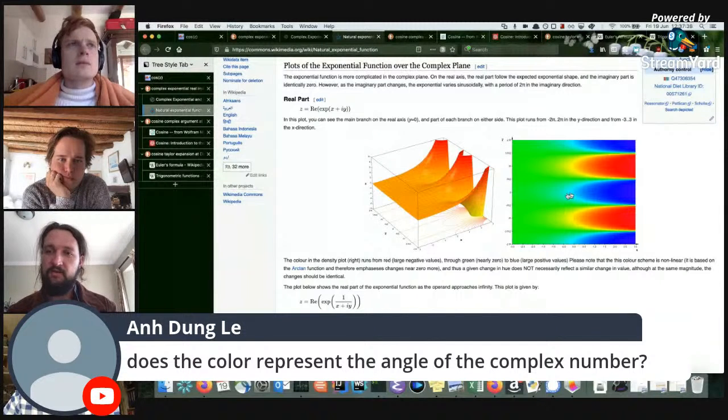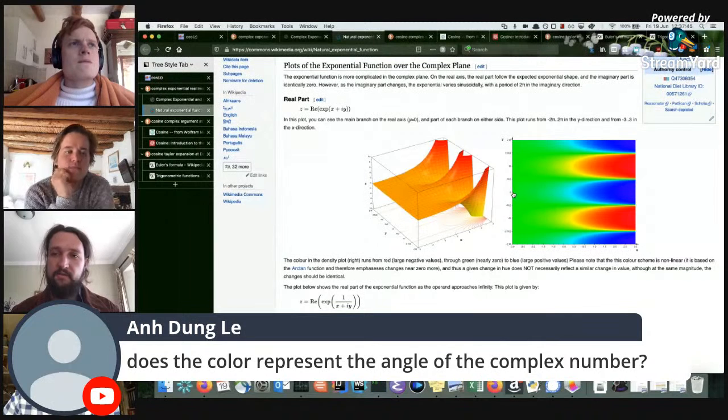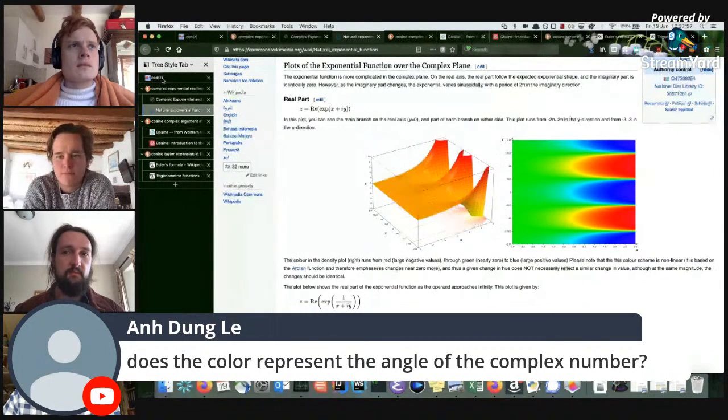And if we backtrace all the way along the real line, I think x is real here, keeping y is equal to 0 but decreasing x below 0, then the angle should stay the same, because it's all the same color. So if color represents angle, then the angle should be all the same there.